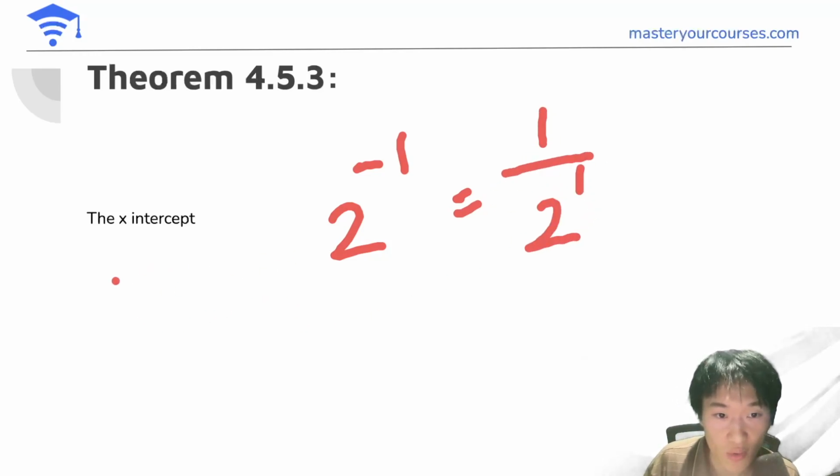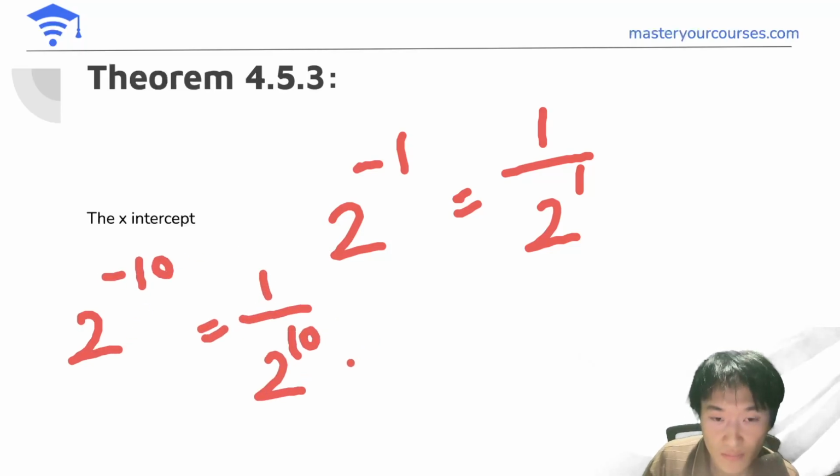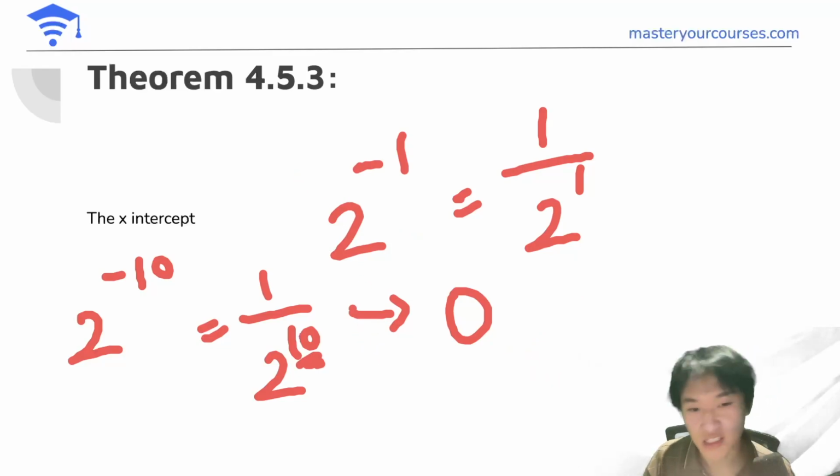So 2 to the power of negative 10 would be equal to 1 over 2 to the power of 10. Now, notice that this does get very close to 0 for a large x. The more negative you get with x, the closer you get to 0, but you never actually attain 0. So the x-intercept just doesn't exist.